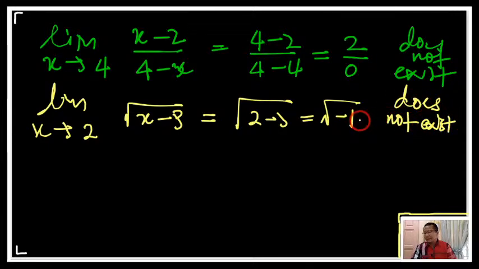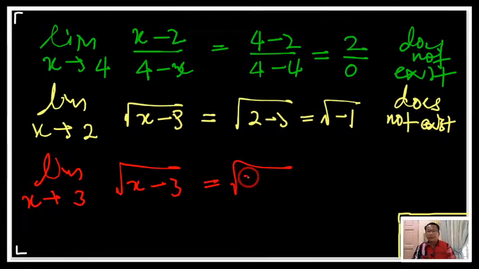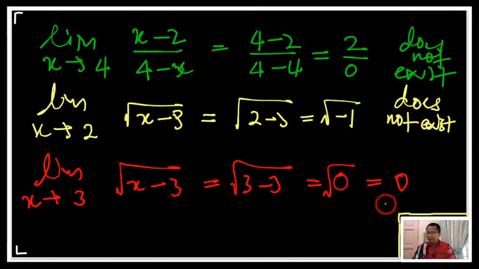It's not a real number. Another example, limit as x approaches 3 of square root of x minus 3. So this one is 3 minus 3, becomes square root of 0. So the answer is 0. No problem.